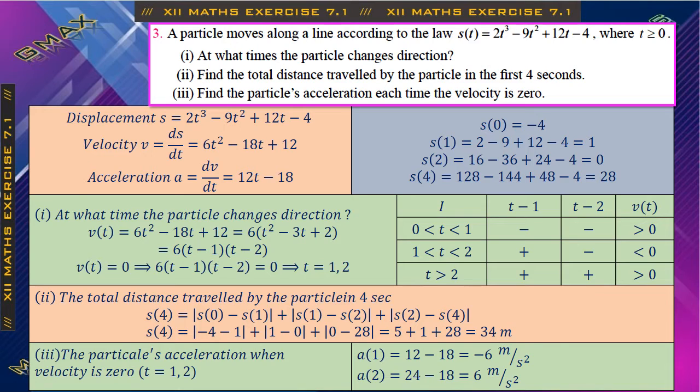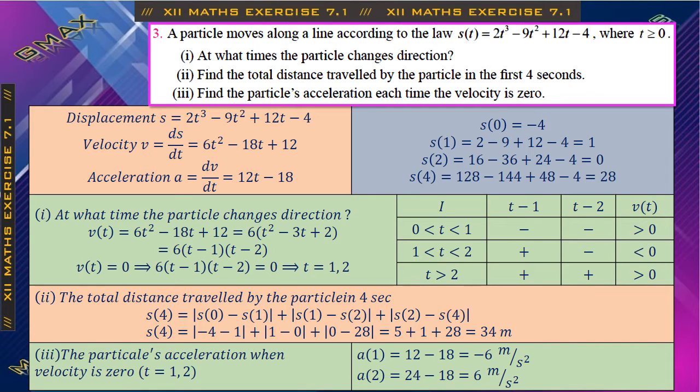Total distance traveled by the particle in 4 seconds. If the velocity has a single sign from the starting to the end time, we can use the starting time and ending time. Here at 1 second and 2 seconds, it changes direction. So to find the distance at 4 seconds, it is s of 0 minus s of 1, that is one changing point, and then s of 1 minus s of 2, another changing point, and then 2 to 4.